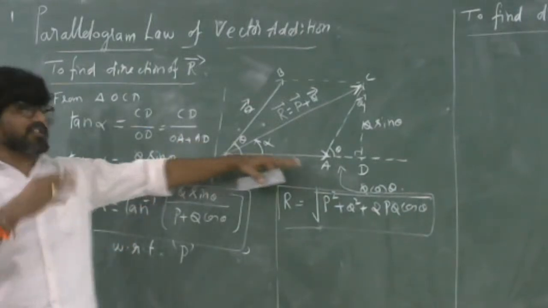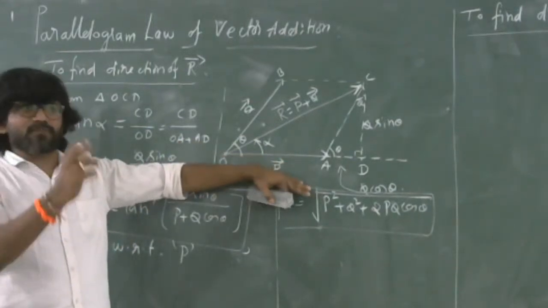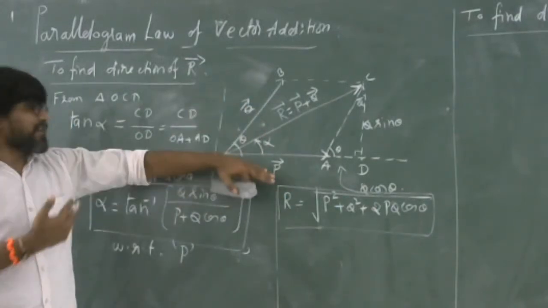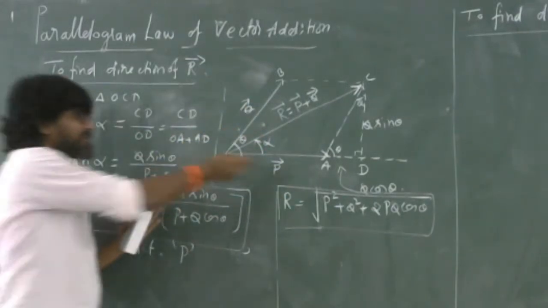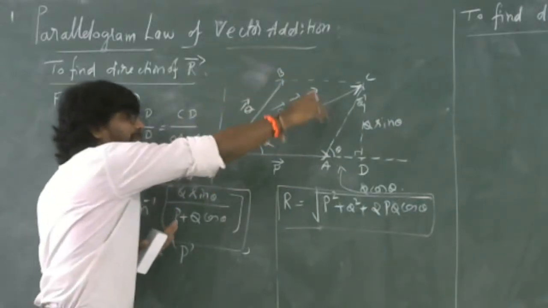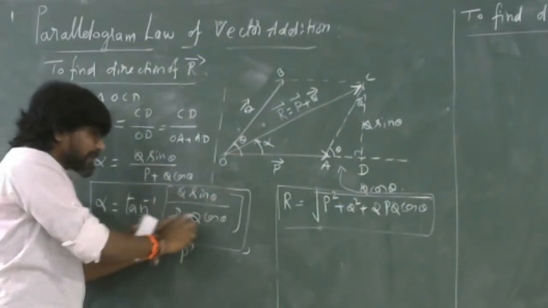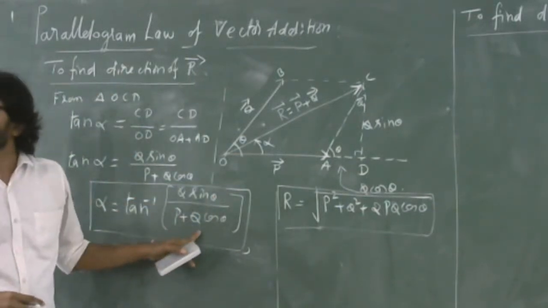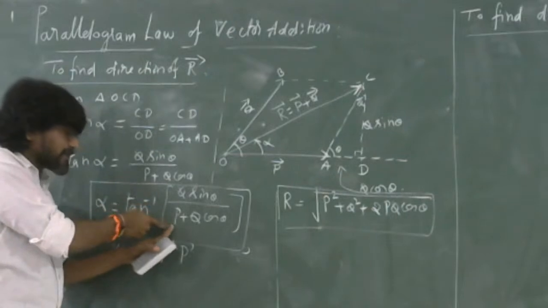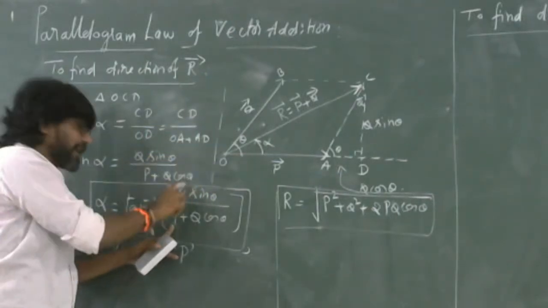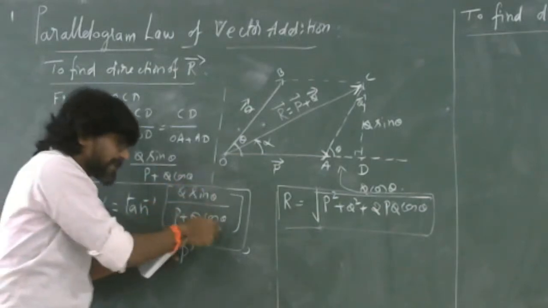With respect to P means the first vector. Here P is first, Q is second. Instead of P and Q, if we take vector A and vector B, with respect to A it will be B sin theta by (A plus B cos theta). So it is the sin theta component of the other vector, that is B sin theta by A plus B cos theta.